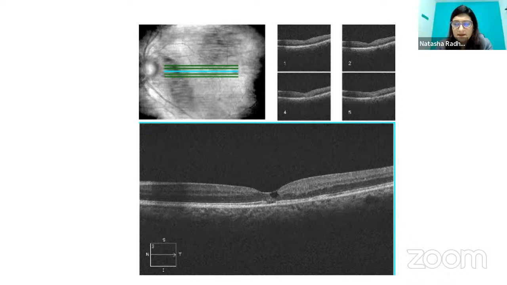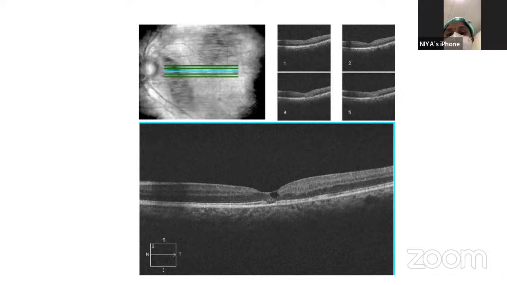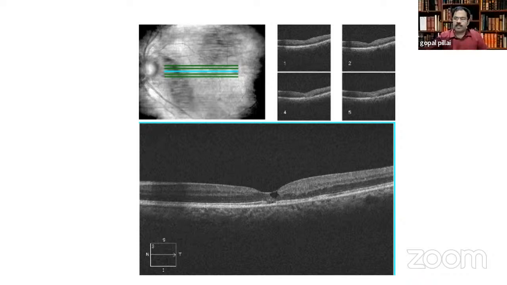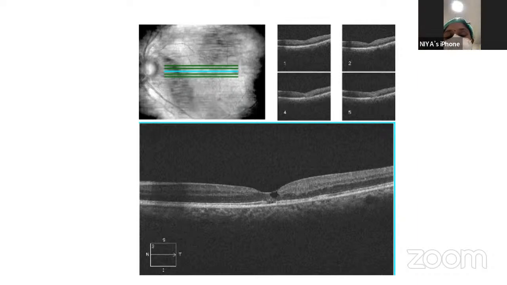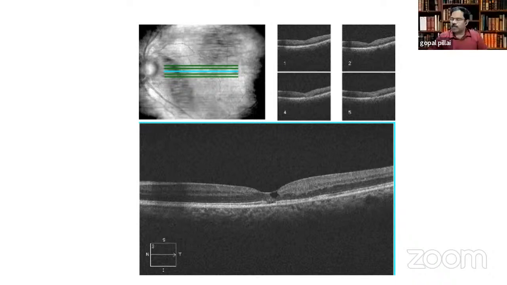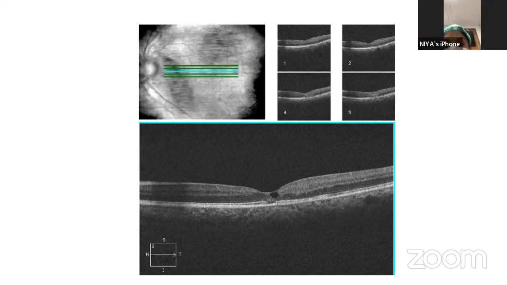So that is seen in idiopathic juxtafoveal telangiectasia, otherwise called parafoveal telangiectasia or MacTel. What are the types of MacTel classification-wise? Type 1, type 2, and type 3.